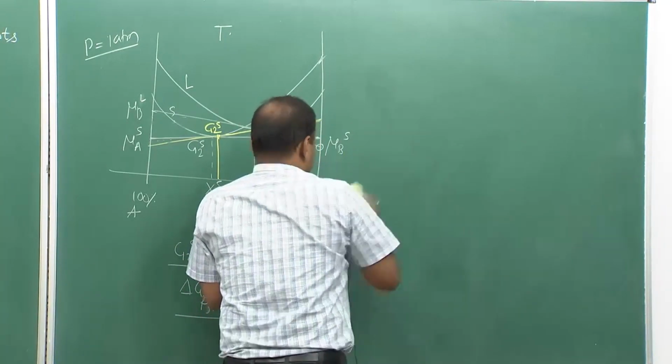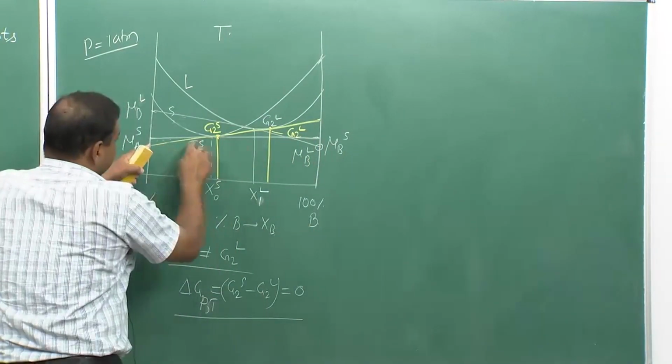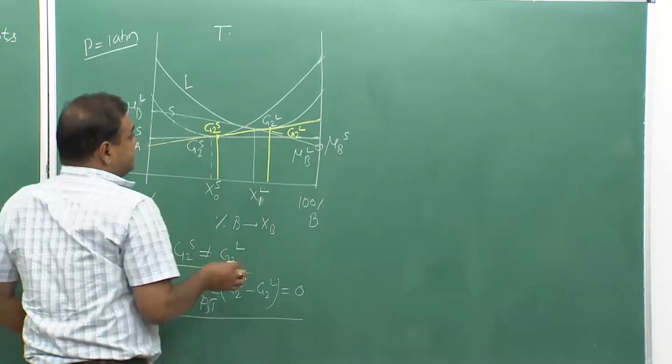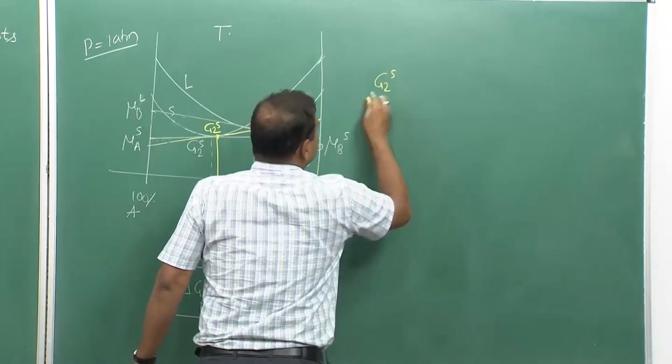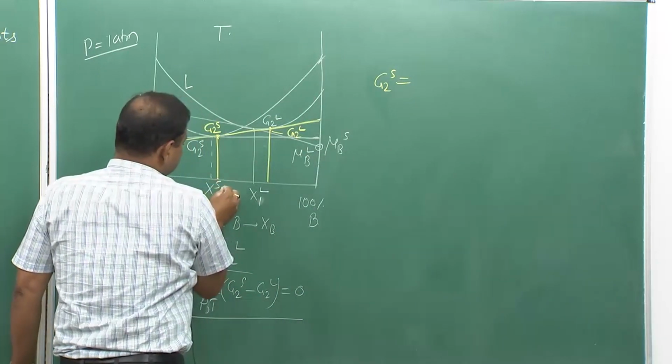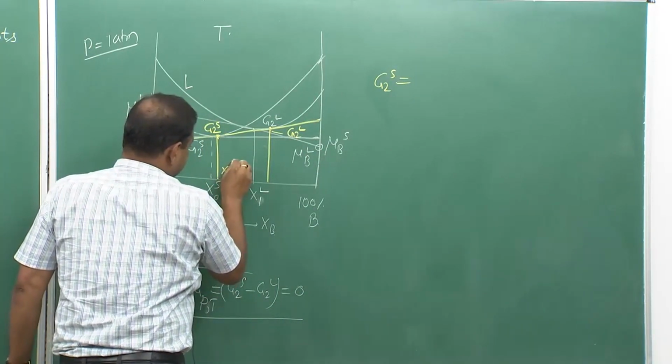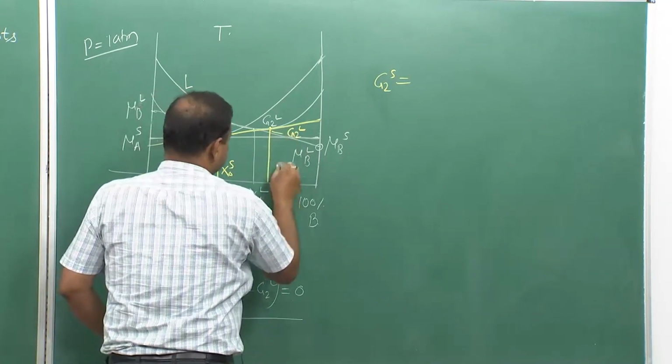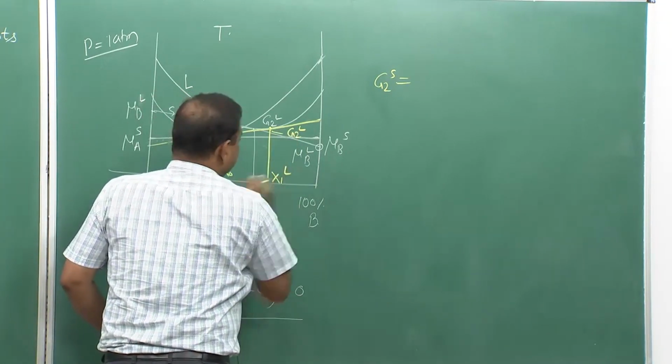Let me do it in yellow because I am giving a yellow line for the common tangent. G2 solid would be, this is the composition, let us say this is X0S and this is X1L.